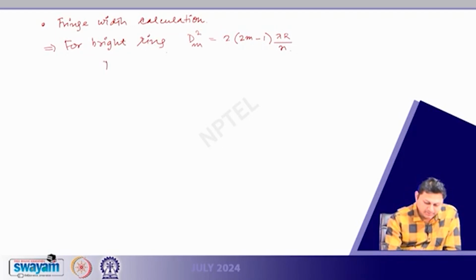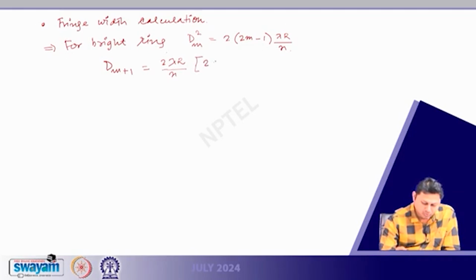What happens for the next ring? m should be replaced by m plus 1, that's all. So we should write 2 lambda r divided by n, and then 2 into m plus 1 minus 1.